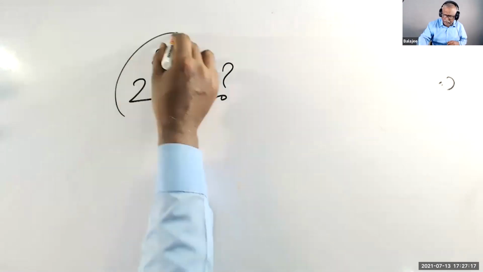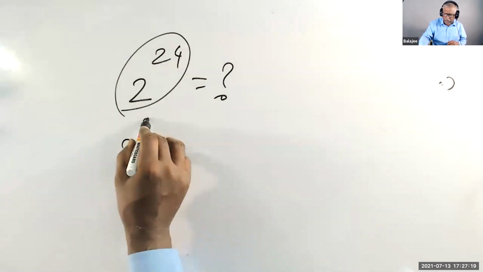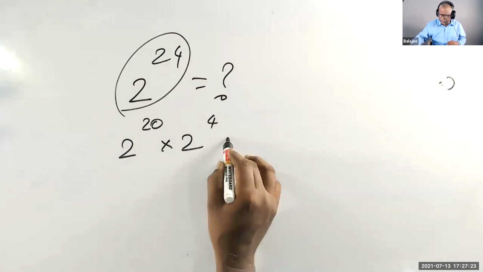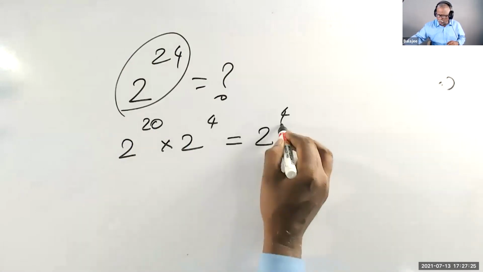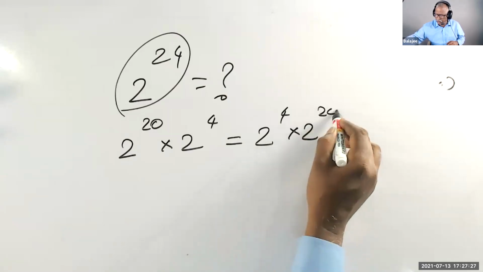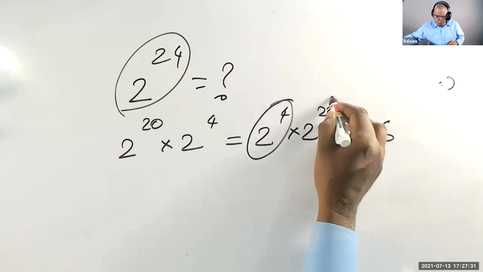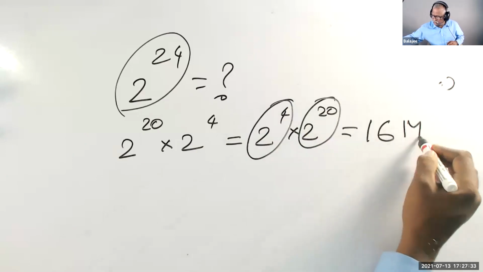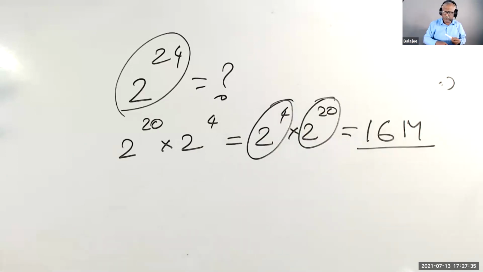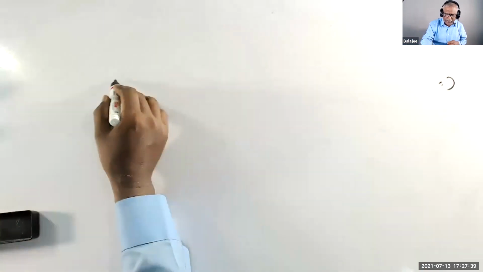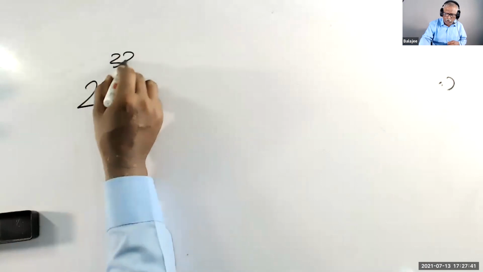We can make this 2 power 20 into 2 power 4, which we can write as 2 power 4 into 2 power 20. 2 power 4 is 16. 2 power 20 is mega. That's all, 16 meg. If I ask you to find 2 power 32, how much?